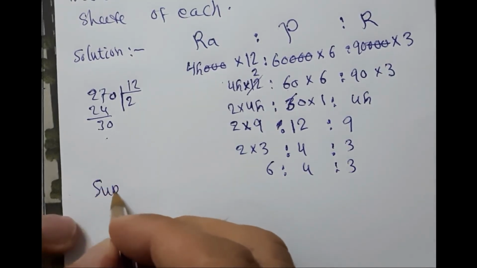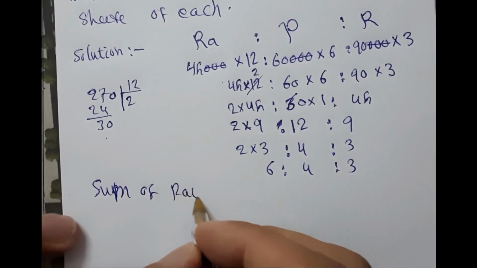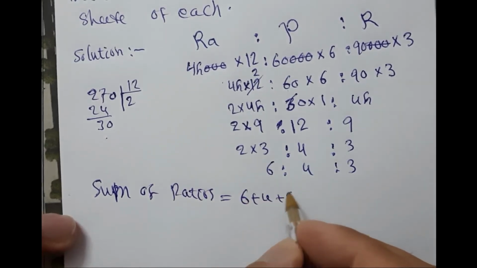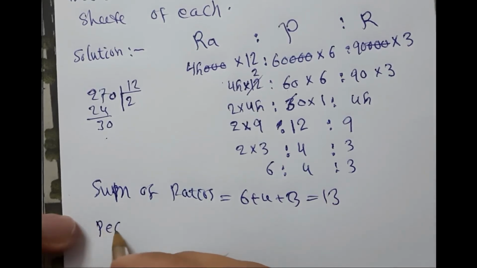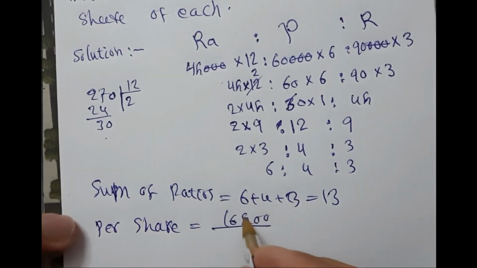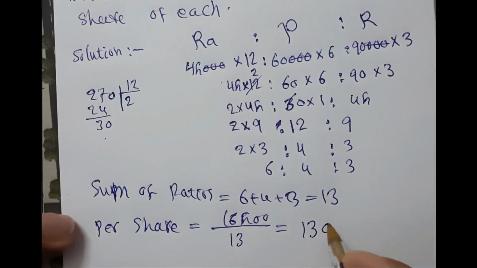Now the sum of the ratio is equal to 6 plus 4 plus 3, which is equal to 13. Per share is equal to 16,500 divided by 13, which is equal to 1,300.